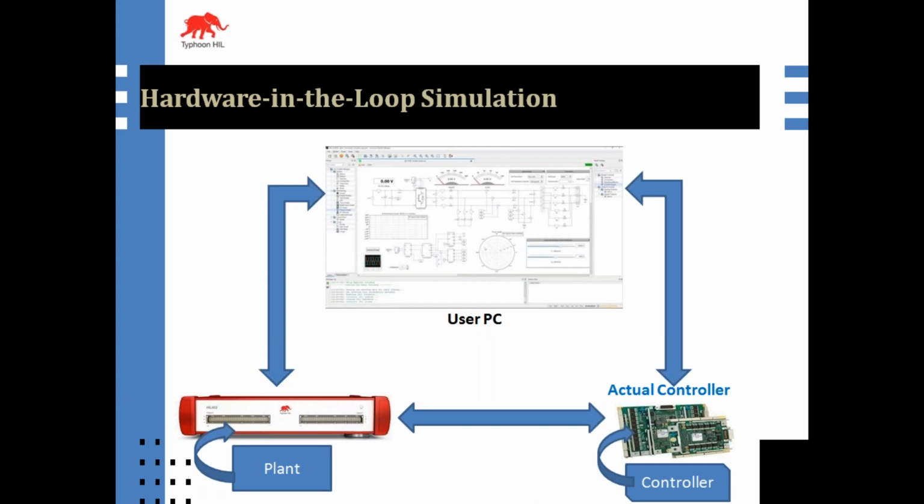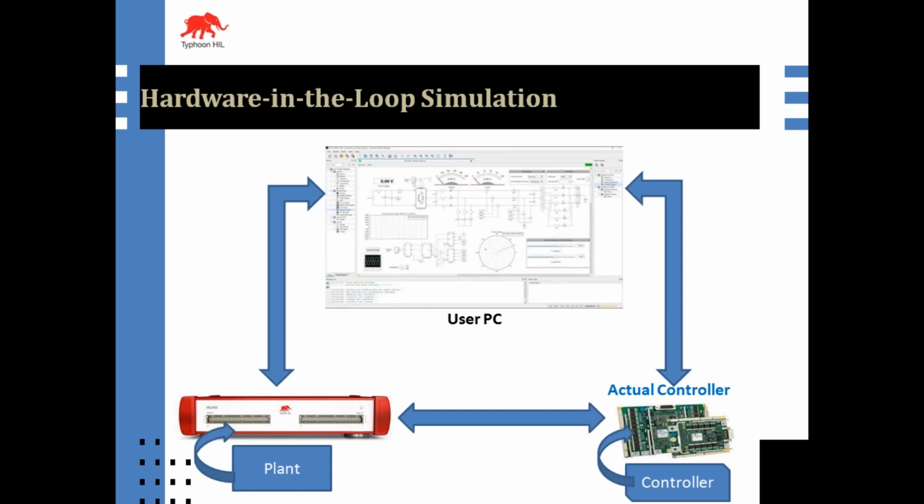This is HIL simulation. You can see here in HIL, this is controller hardware in loop simulation. Now here our plant is digital, and we are using the controller as an actual part. Actually, HIL, that is hardware in the loop, Typhoon hardware in the loop simulation, allows us to test real devices integrated with the digital system in real time, from testing all imaginable operating conditions through control system verification to automated processes.